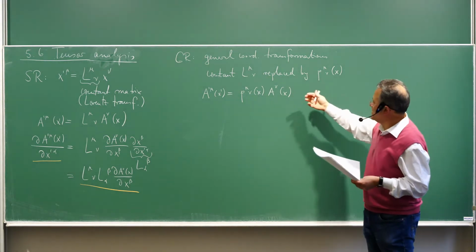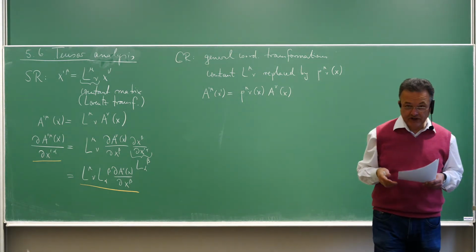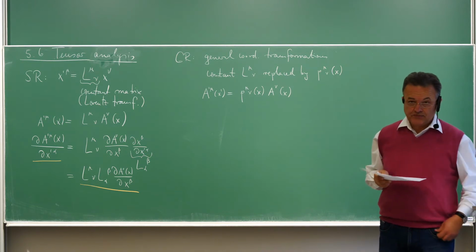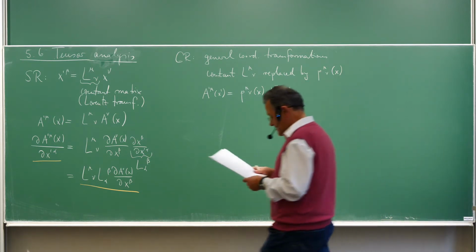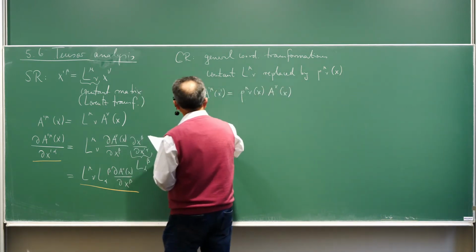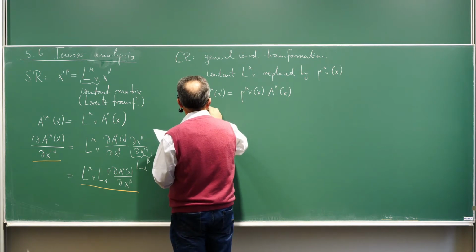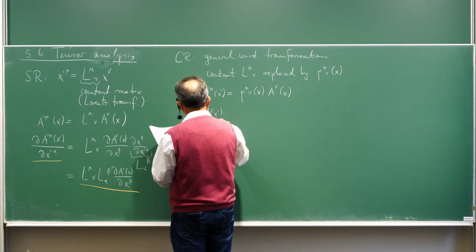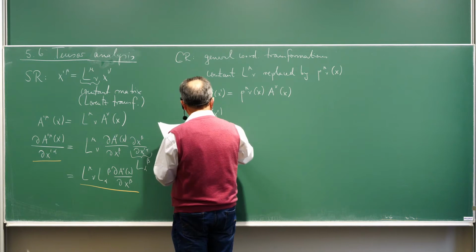This is what we had before, but now the question arises, what happens with the partial derivative? Let's check. So we have dA prime mu of x prime over dx prime alpha.